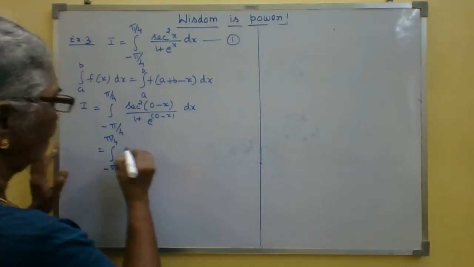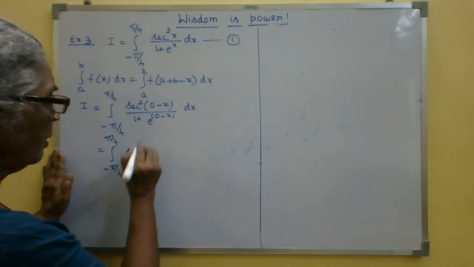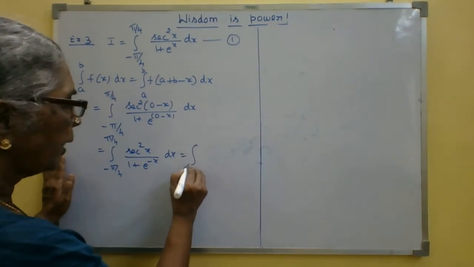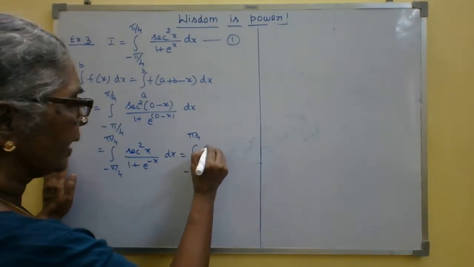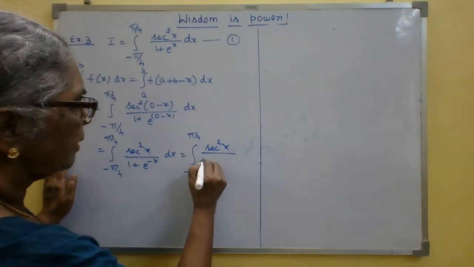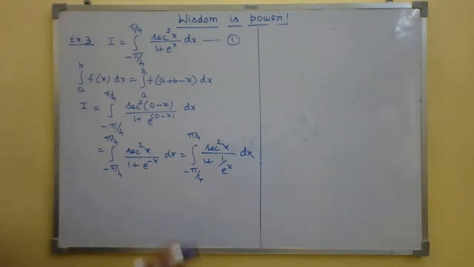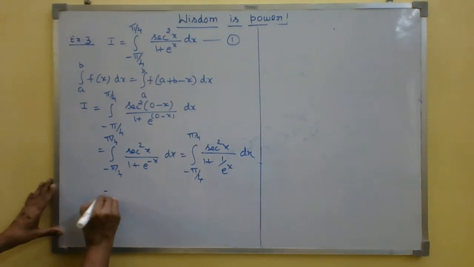Secant squared x. Okay. Because that will be secant squared x by 1 plus e power minus x dx. Now I can write that e power minus x as 1 plus 1 by e power x dx, right? Now take LCM for the denominator and take the e power x to the numerator.